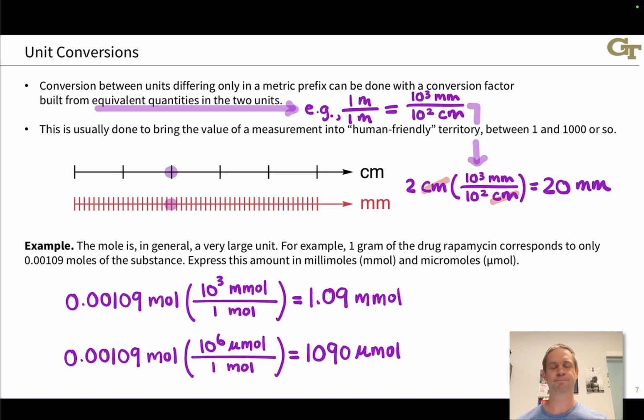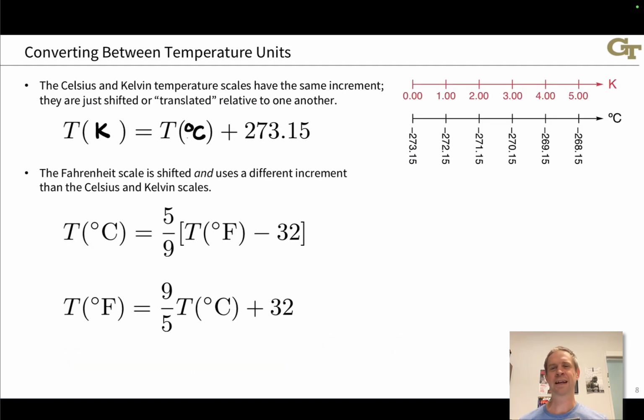The one unit conversion that is not a scaling of the increment that's a little bit weird is the one between the Celsius and Kelvin temperature scales. And actually, Celsius to Fahrenheit is even weirder. We'll look at that on the bottom half of the slide. But Celsius to Kelvin or Kelvin to Celsius is actually just a shifting of the scale. The Kelvin scale came about essentially when we realized that negative 273.15 degrees Celsius is the lowest possible temperature that is achievable.